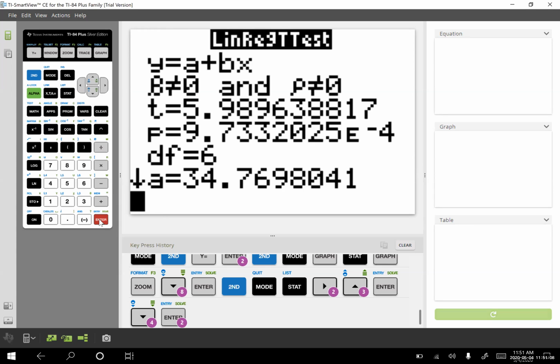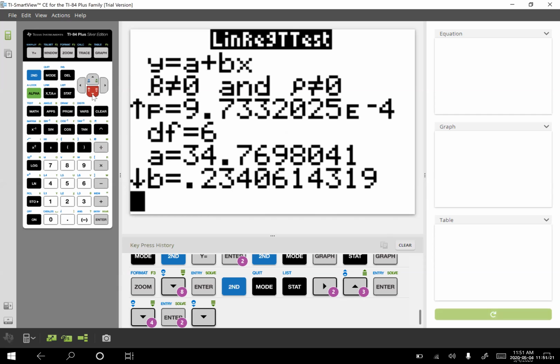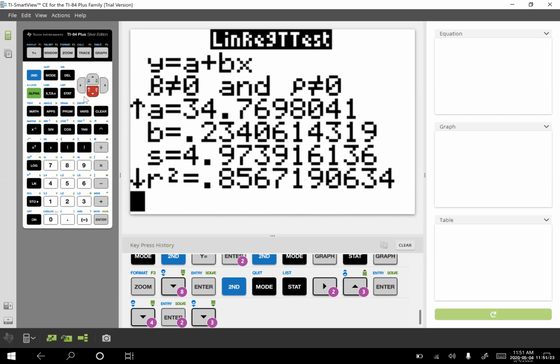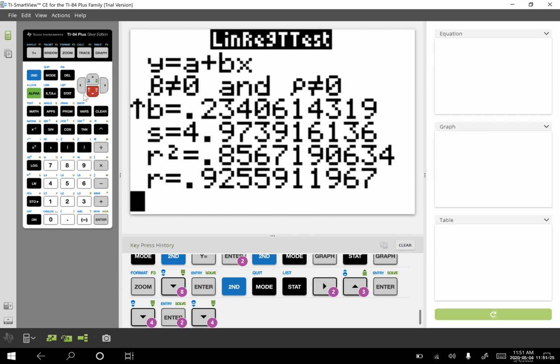So I get an R value. Oops. I think I might have entered... Oops, hold on. There we go. Okay. So I thought I entered in a value wrong because I wasn't getting the right number.